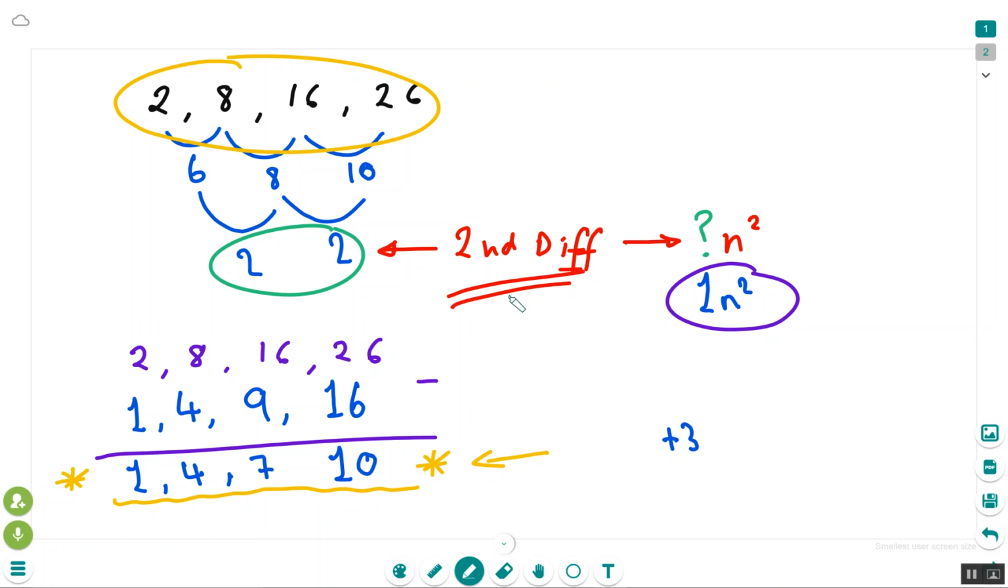So the rule is, as you say, plus 3. So what does that mean for the nth term? If it's going up in threes, what number do we put in front of the n? Okay, so that would mean 3n. That's it, write that down.